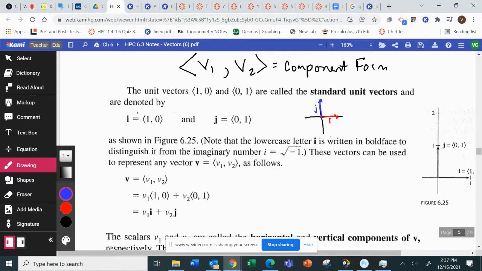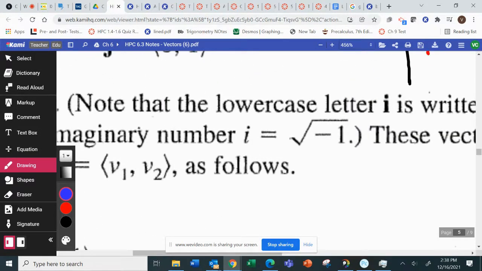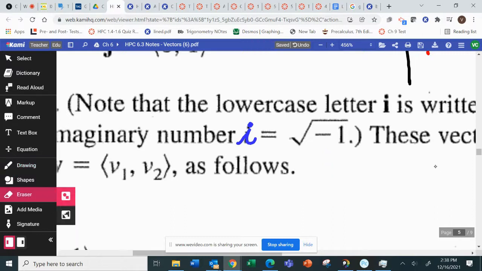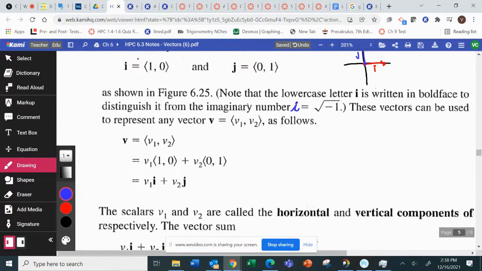So if I write an imaginary i, you guys will see me do that, because i is the vector i. They just had to use the same letters for everything, whoever made this stuff up.